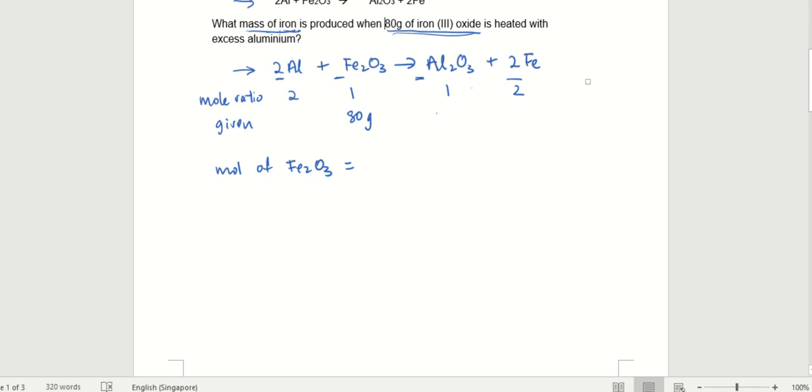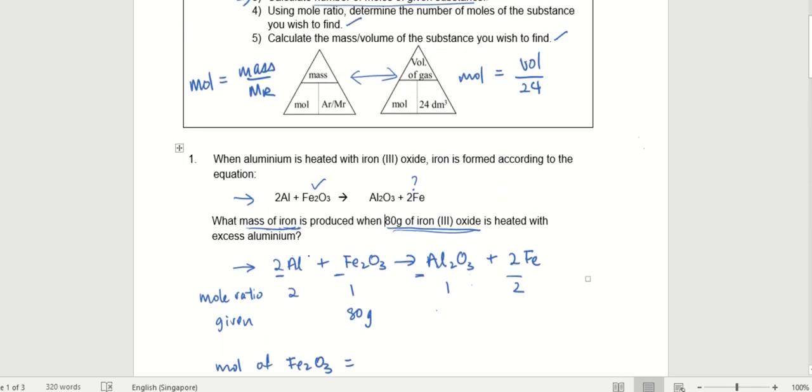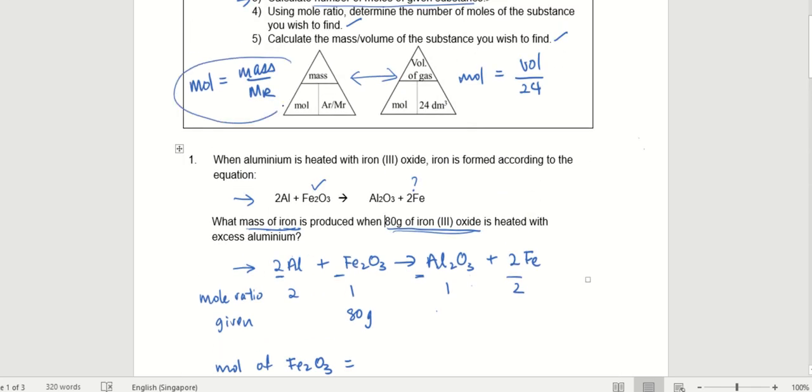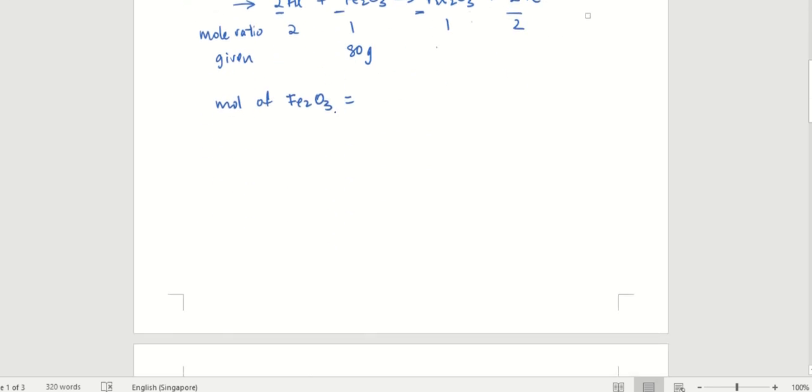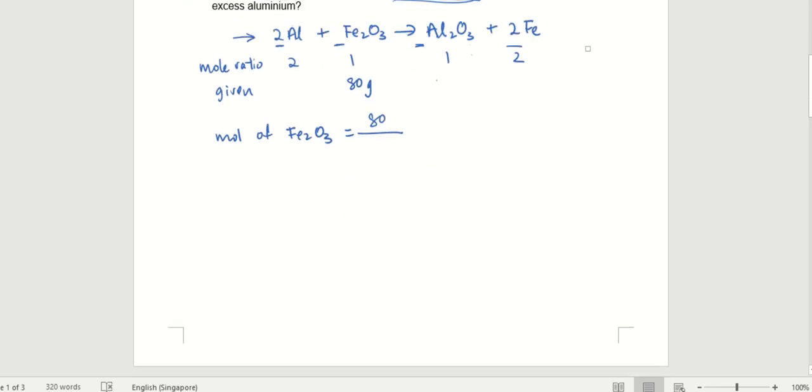So what is the formula that we need to use? We use this formula, moles is equals to mass over Mr. The mass given is 80 grams. For the Mr of iron trioxide, Fe2O3, there's 2 of iron, so we multiply 56 by 2, and there's 3 of oxygen, so we multiply 16 by 3.